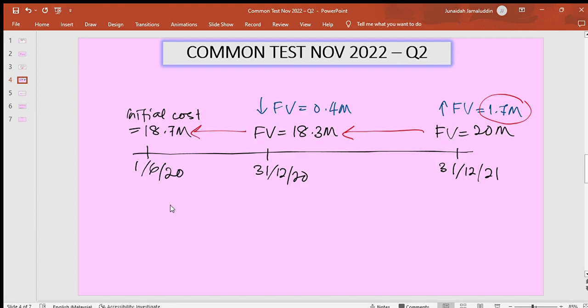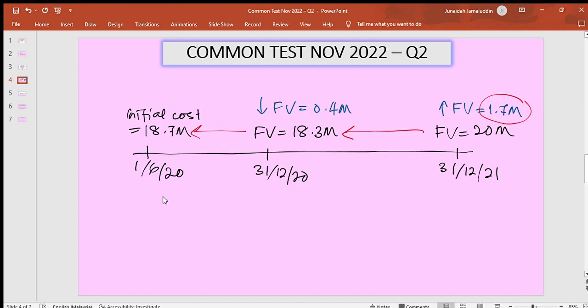And since this company adopts the fair value model for subsequent measurement of its investment property, the property shall not be depreciated over its economic useful life. It shall not be depreciated.